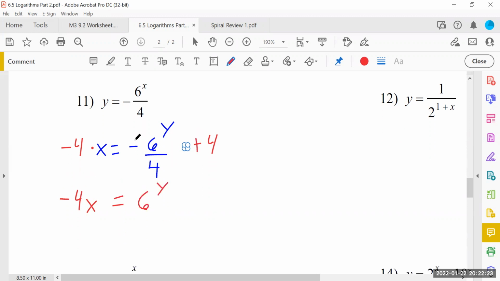Because the negatives here would cancel out, the 4s cancel. And so now I can switch this. The 6 comes down and becomes my base of my log. Log base 6 of whatever it was equal to, so of negative 4x, is equal to my exponent, y.